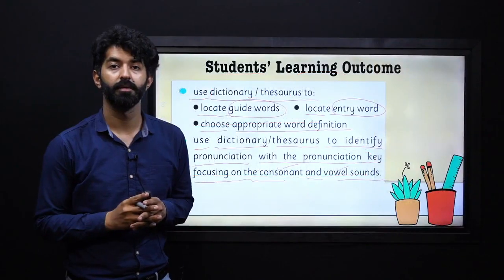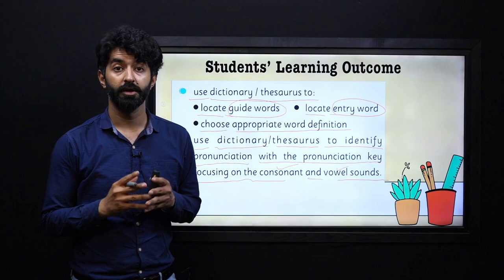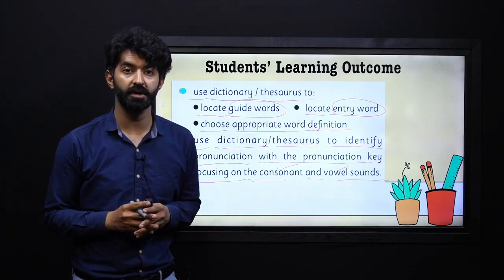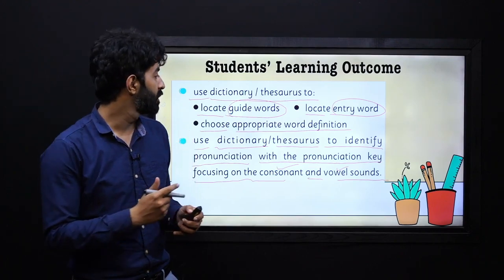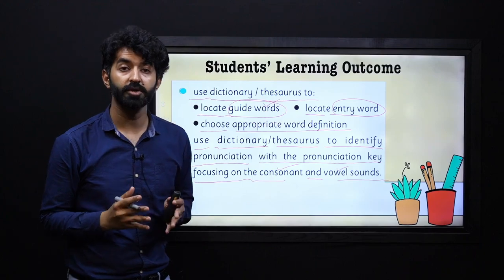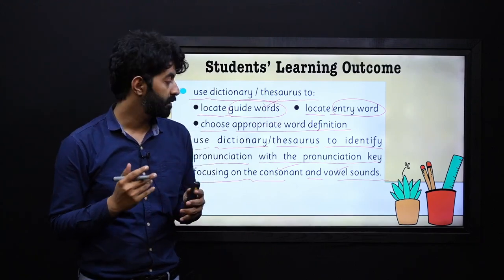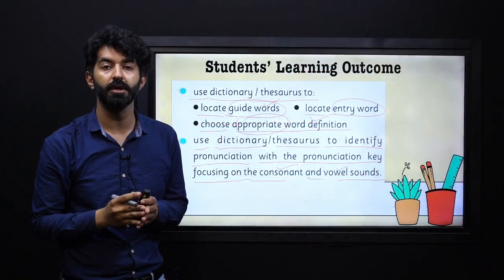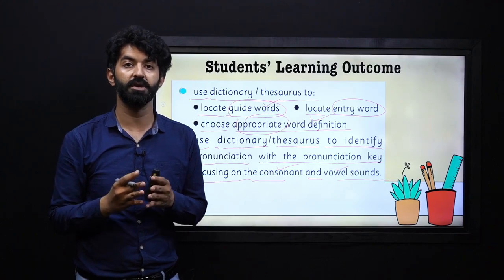So class, this is about using dictionary or thesaurus, we can say reference materials, to locate our guide words and also entry word with choosing the appropriate definition, because we can see more than one definitions in dictionary.